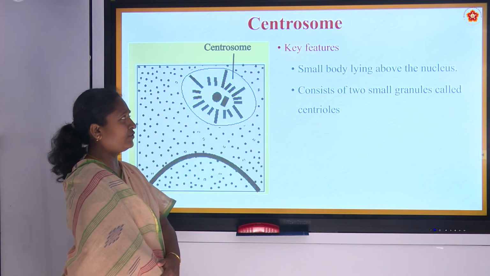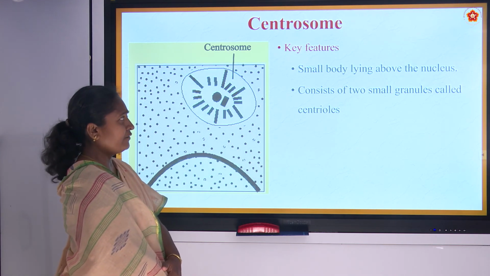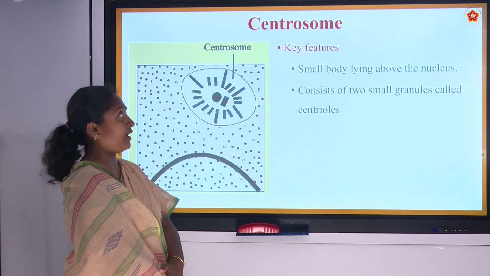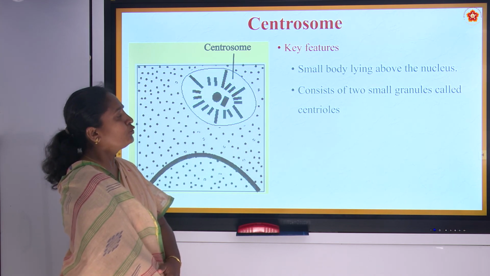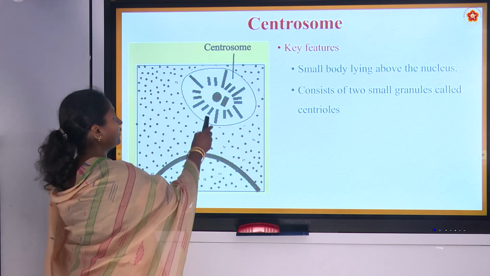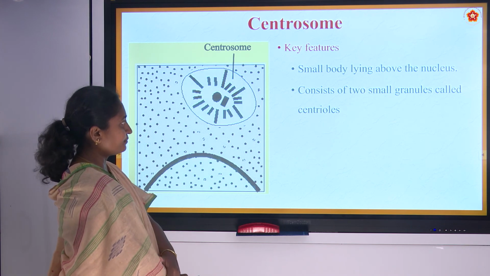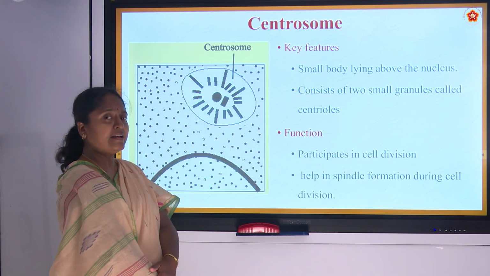We will see the key feature. Small cell body which is lying above the nucleus in the animal cells is known as centrosome. They consist of two small granules called centrioles. These two are known as centrioles which are present inside the centrosome. The major function is it participates in cell division.